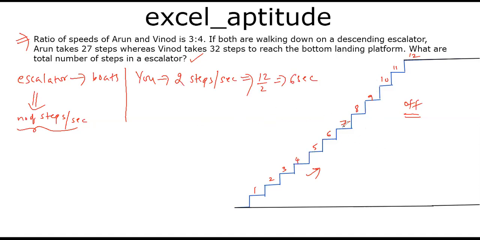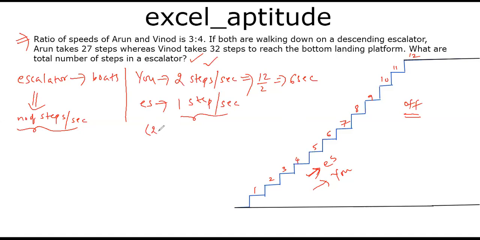For example, assume the escalator is also moving upwards in the same direction as you, at the speed of 1 step per second. You are moving at the rate of 2 steps per second. Then what will be the effective speed?